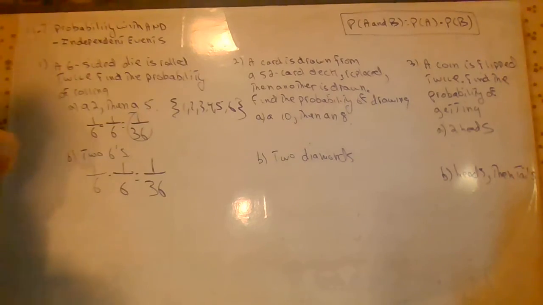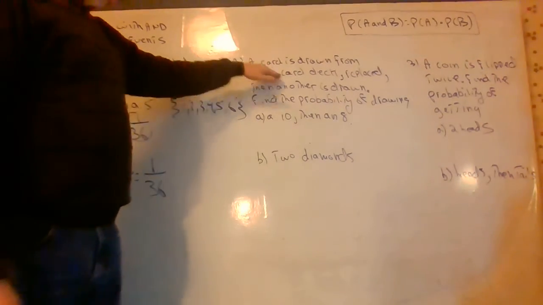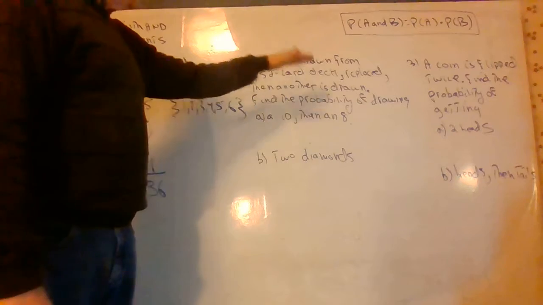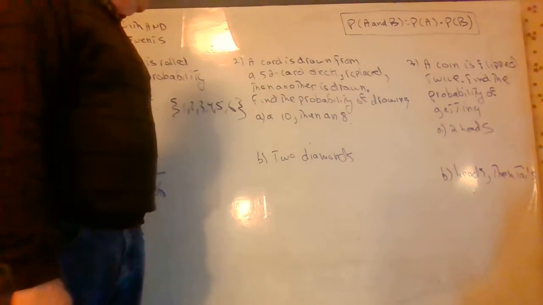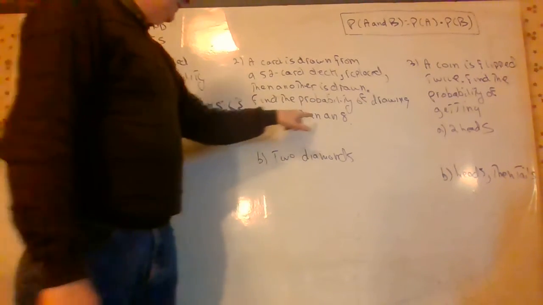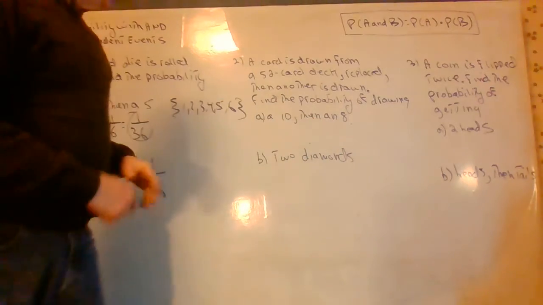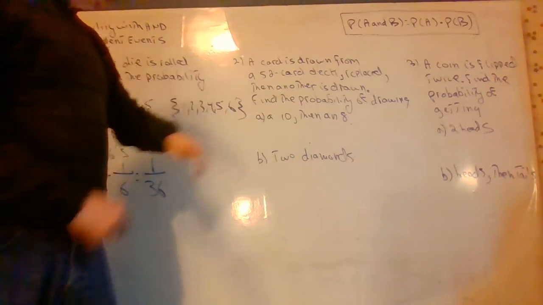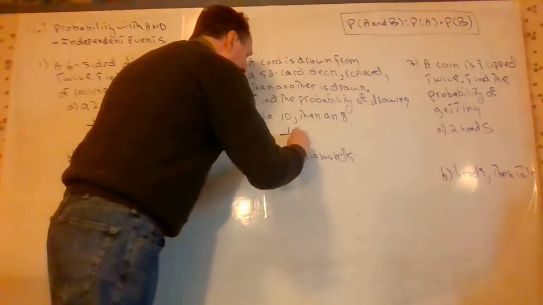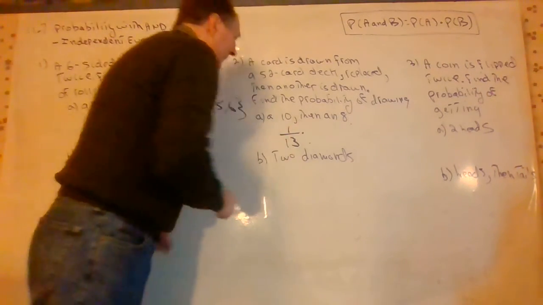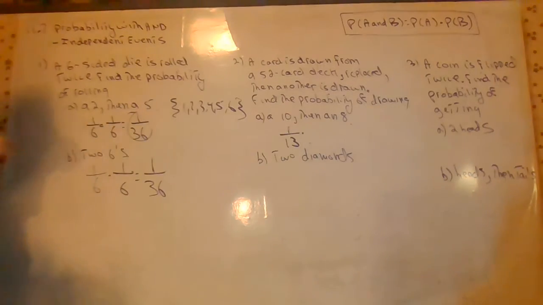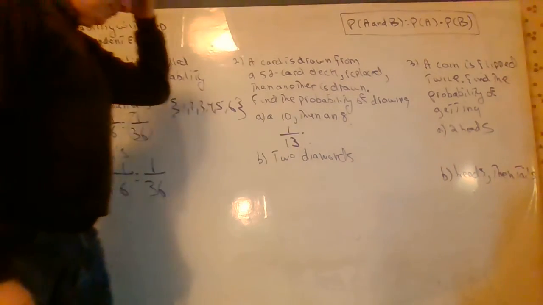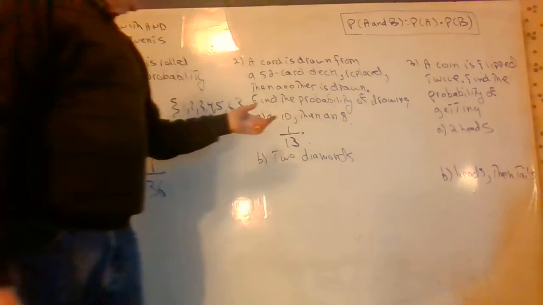So, another example, we're going to draw a card from a 52-card deck, replace it, and then another card is drawn. Find the probability of drawing a 10, then an 8. Well, a 10, there's 13 different cards. There's 4 10s. You can do 4 out of 52, or you can just do 1 out of 13. 4 over 52 reduces to 1 out of 13, and of course 8 again is 1 out of 13.